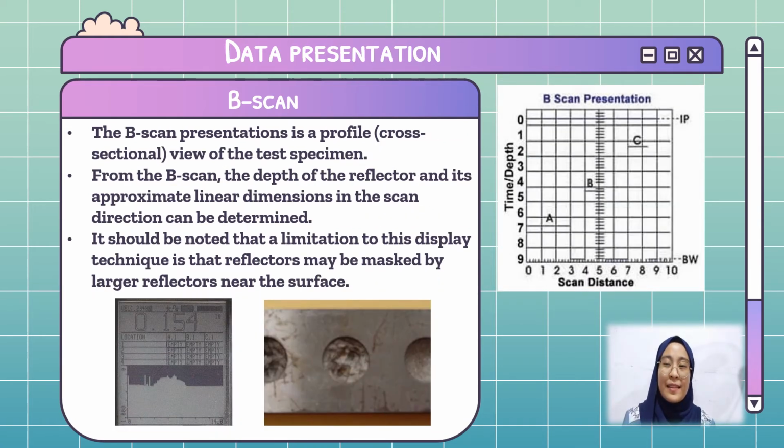The B-scan presentation is a profile cross-sectional view of the test specimen. From the B-scan, the depth of the reflector and its approximate linear dimensions in the scan direction can be determined. It should be noted that a limitation to this display technique is that reflectors may be masked by larger reflectors near the surface.